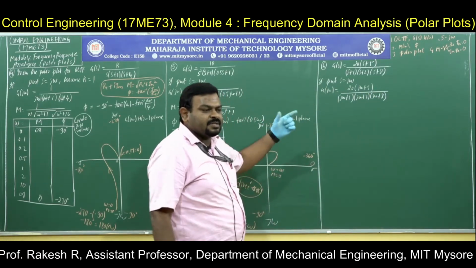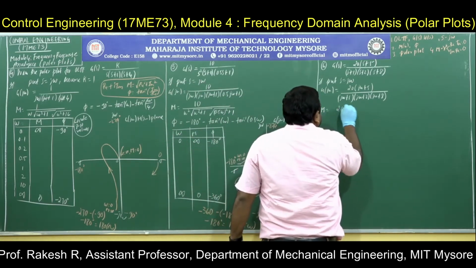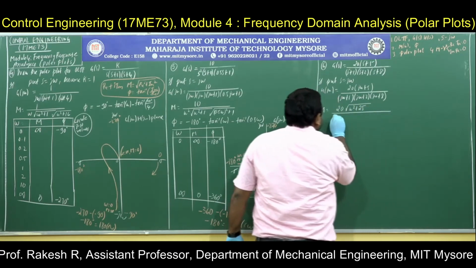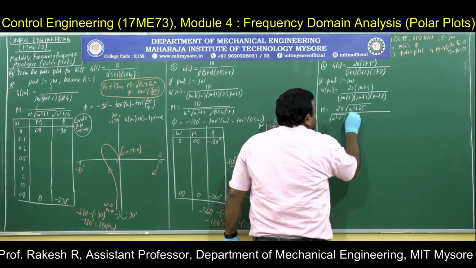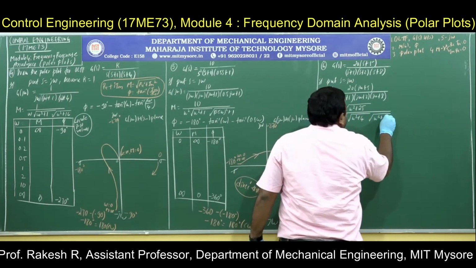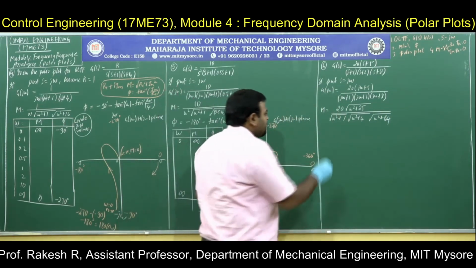So this is the frequency response function. Magnitude will be 20 into square root of omega squared plus 25, divided by square root of omega squared plus 1, square root of omega squared plus 4, square root of omega squared plus 64. 8 8s are 64. What is the phase angle?